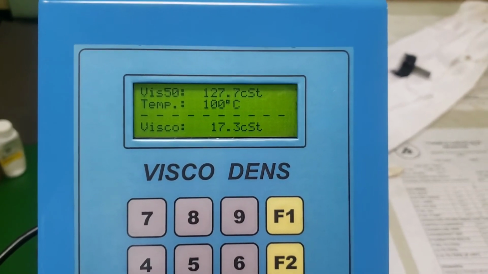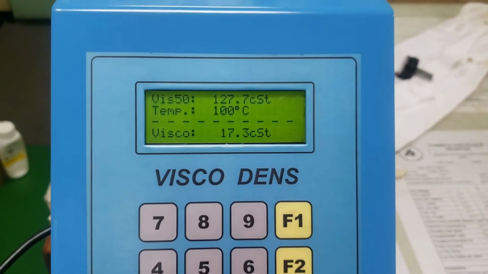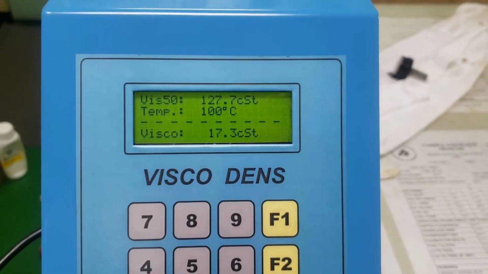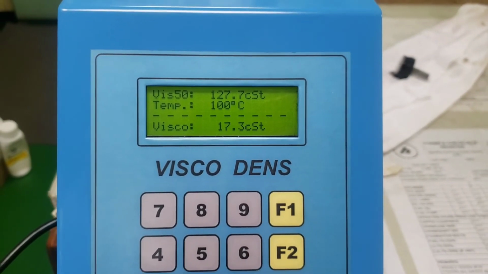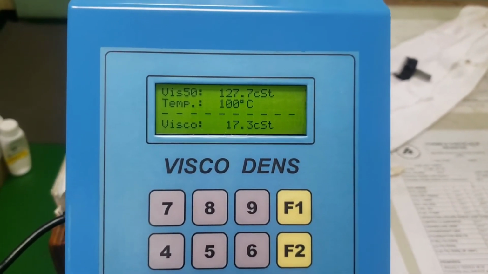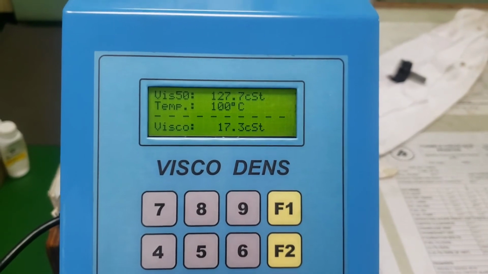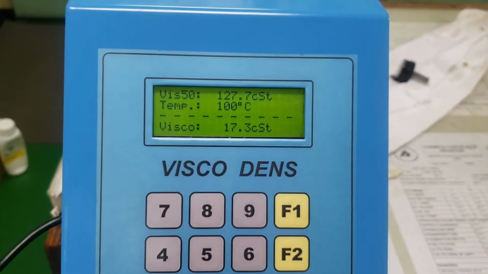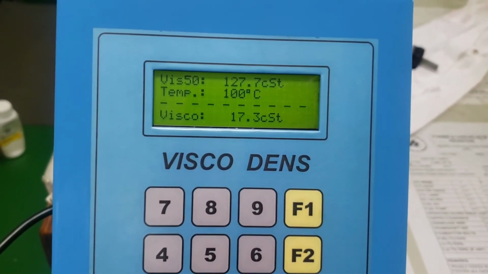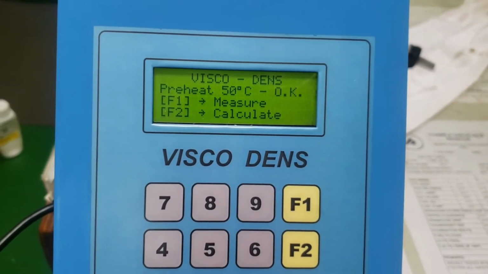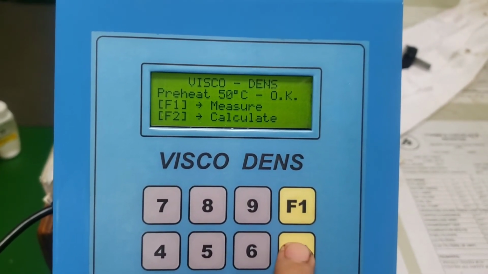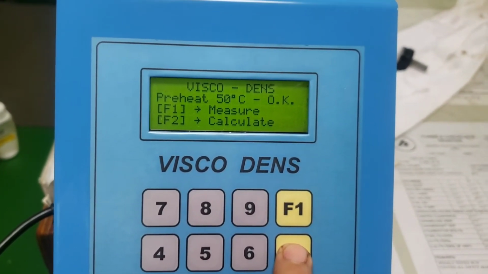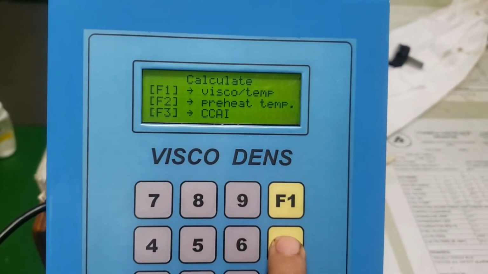So that's it. The question is, how much is the viscosity of our oil at 40 degrees centigrade? So we're going to calculate our oil at 40 degrees centigrade.